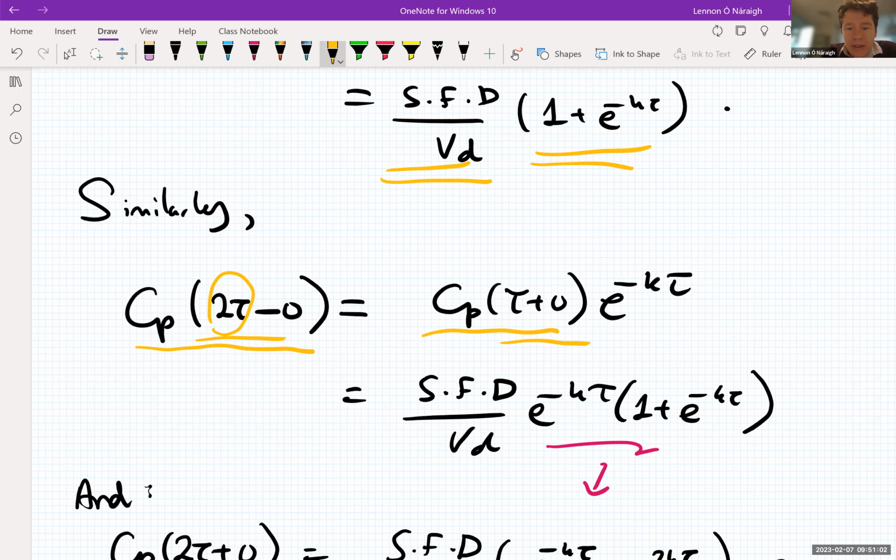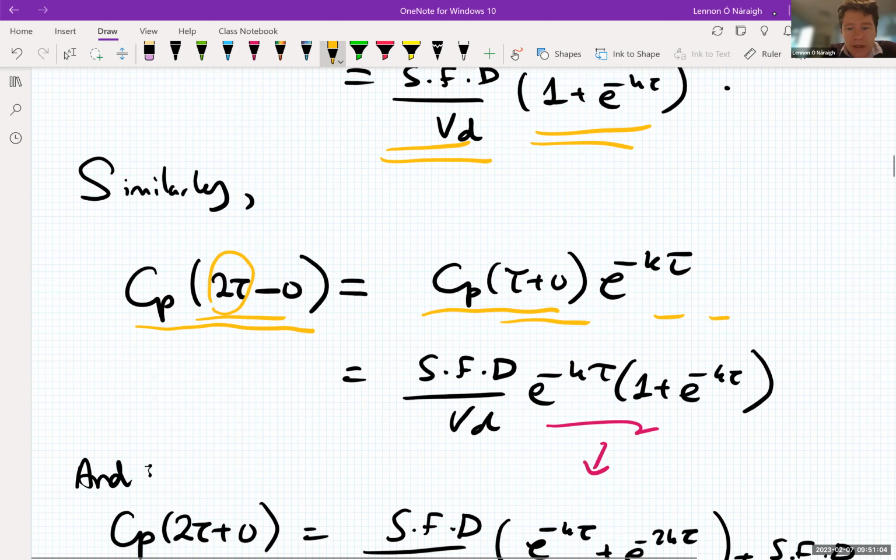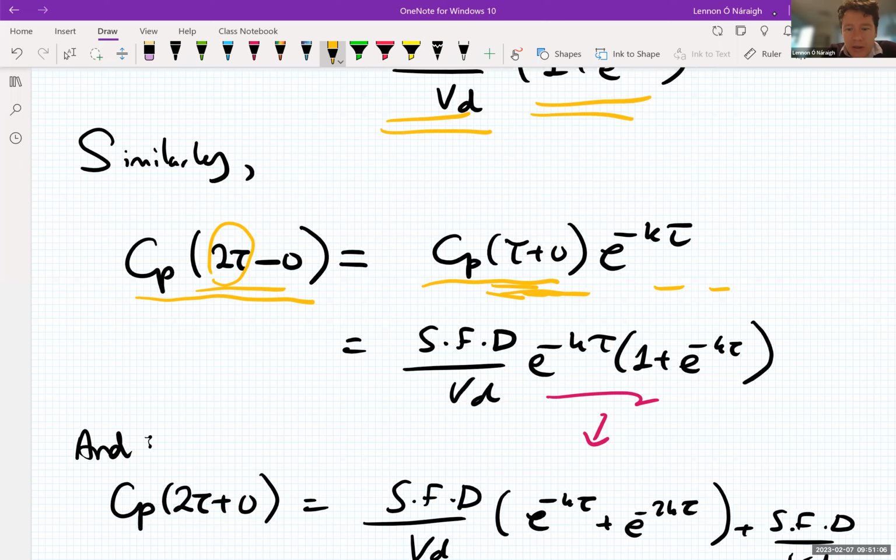So that will be Cp at time 2 tau minus 0, which is Cp at time tau plus 0 times e to the minus k tau. So I have the previous amount and I'm hitting it with exponential decay.